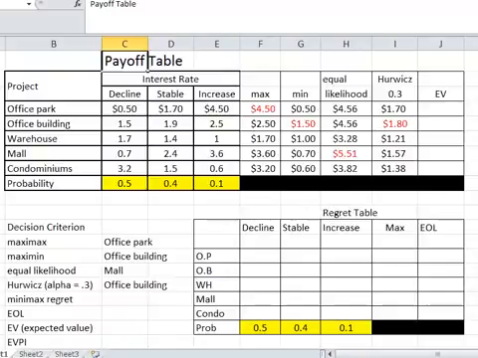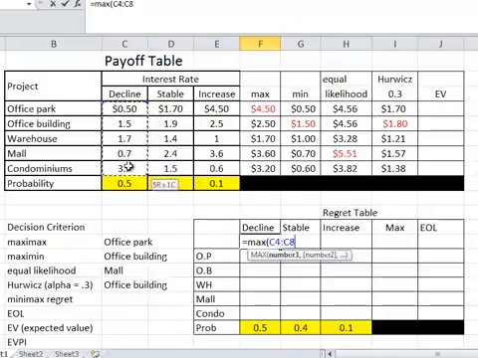And this is how the regret table works. First of all, let's identify the best payout for us if interest rate goes down. And it's not that hard to do so. Essentially, it's the maximum value among those 5 payoffs.